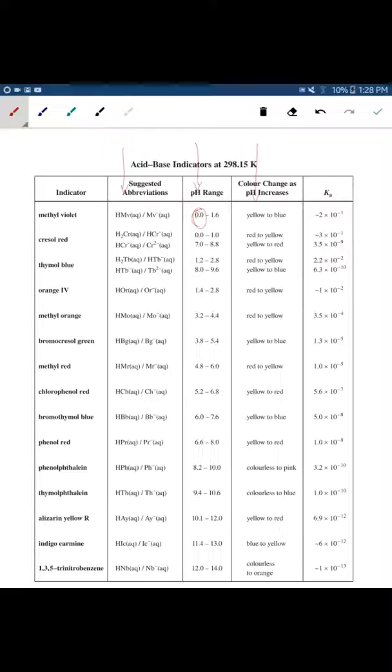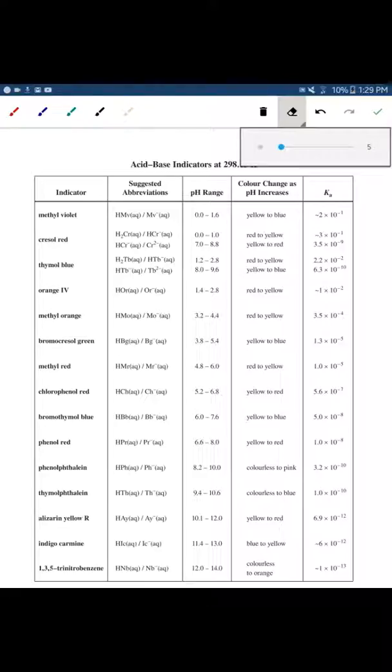So, for example, HMV on our left-hand side is representing the pH range on the 0 side of things, and it will provide that yellow color. So I'm just going to erase that because if you now know that, you don't need to worry too much about that.